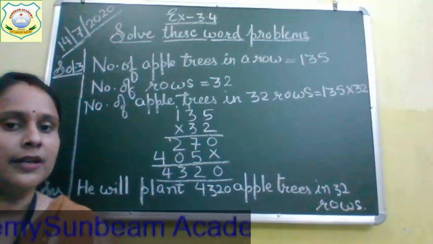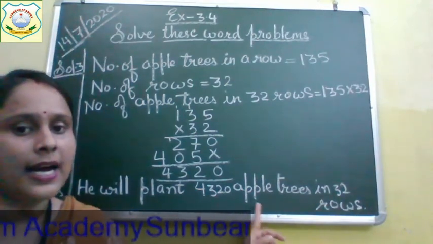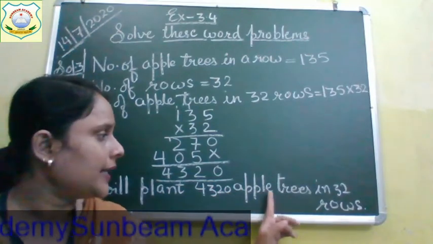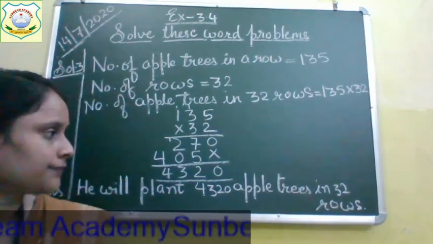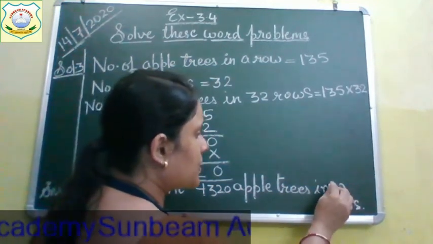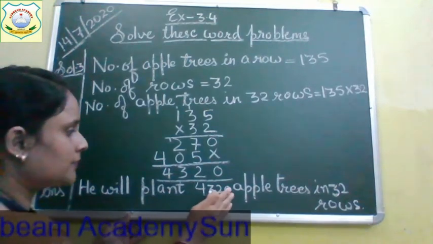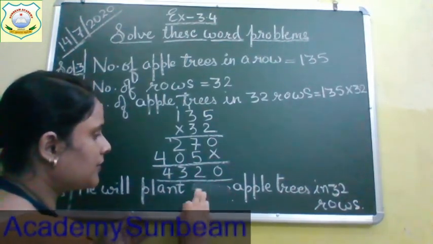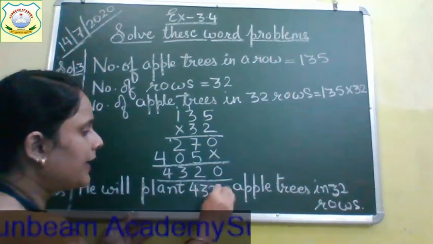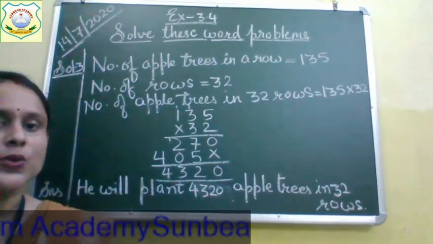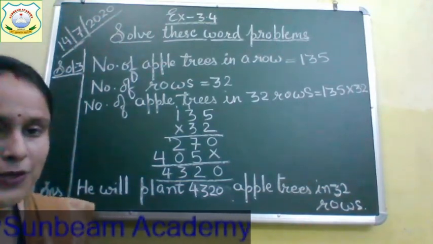Note down, children. It is written: he will plant 4,320 apple trees in 32 such rows. Note down everyone. Okay, so now note down the solution.